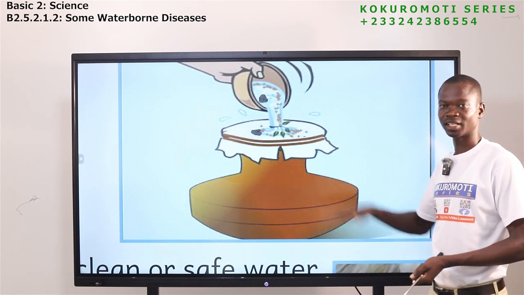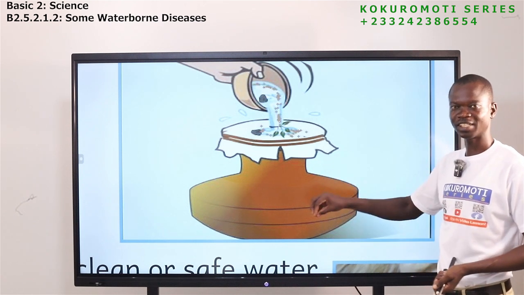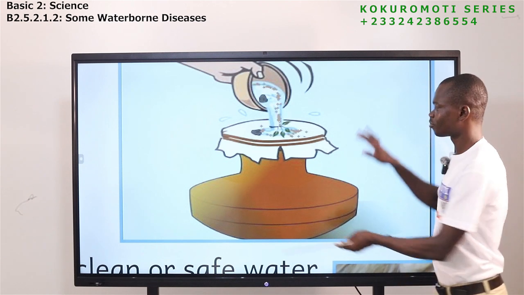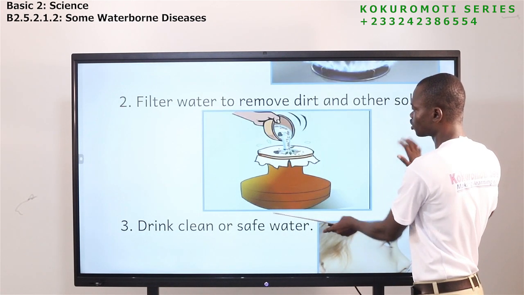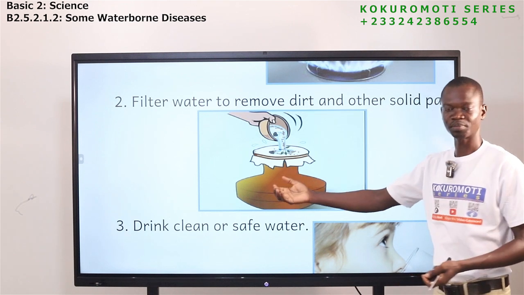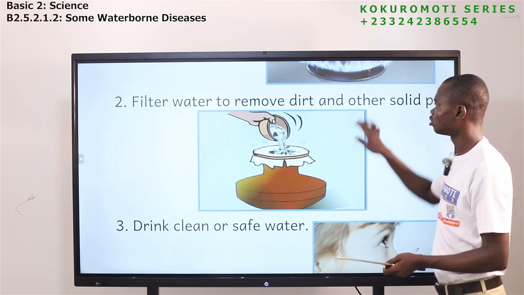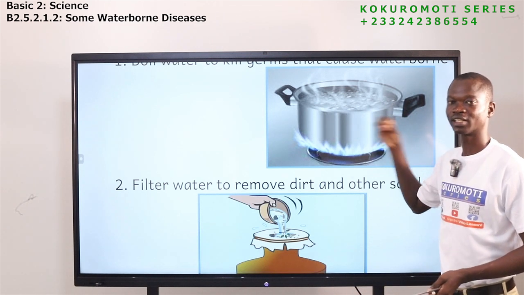Though it might look clean, if there are germs, you can't see them with your eyes. So after you have filtered the water, the next thing that you need to do is to boil it. If you boil it, the heat will kill the germs.